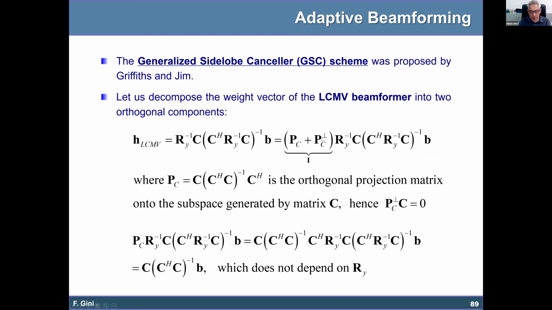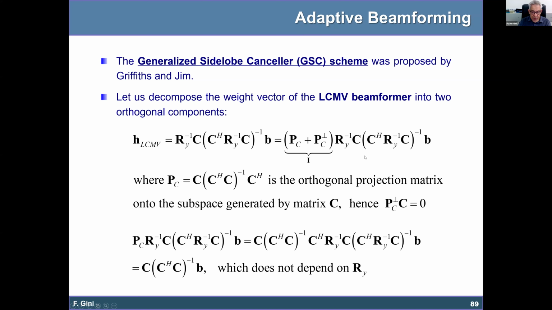PC plus PC orthogonal is the identity matrix. So you can imagine to have here the identity matrix, and you express the identity matrix as the sum of the projection matrix on the subspace generated by C plus the projection matrix on the orthogonal subspace.